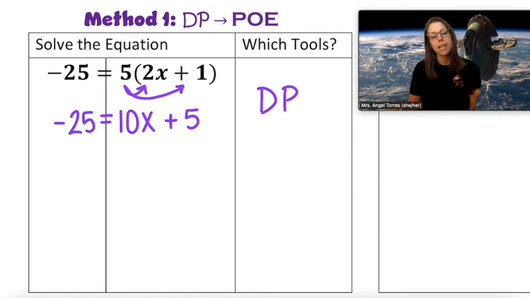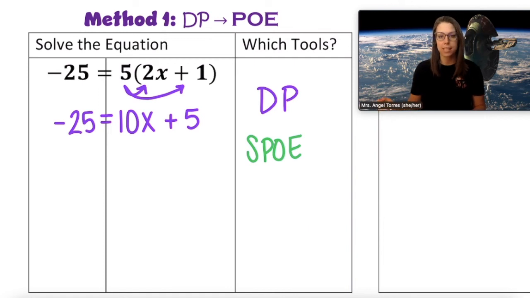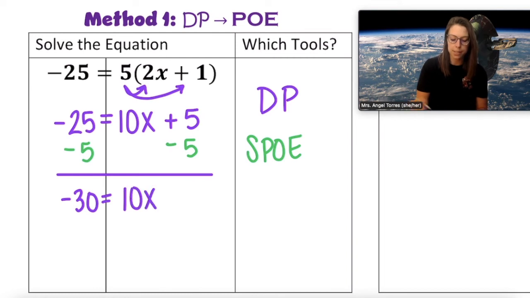Now that this is a simple two-step equation and my constant is broken free and has now become positive 5, I can go in and make a 0 term, which in this case I would apply subtraction to do, SPO. Subtract 5 from both sides. And my new equation is negative 30 equals 10x, since the 5 and the minus 5 became 0.